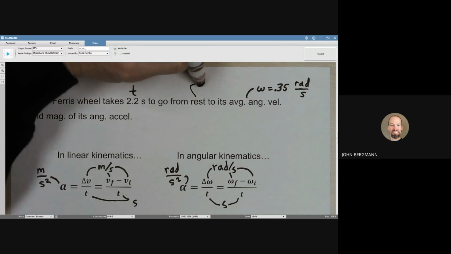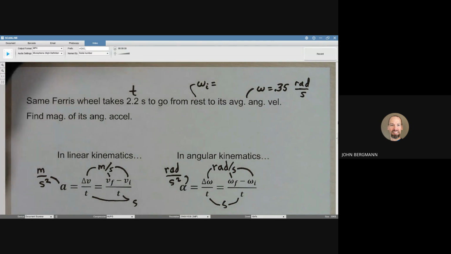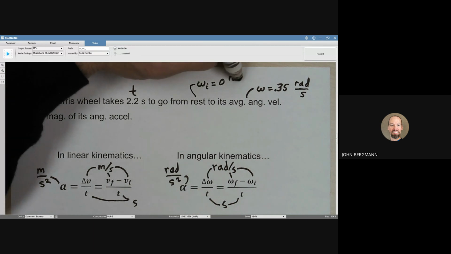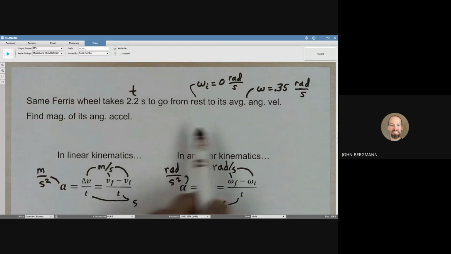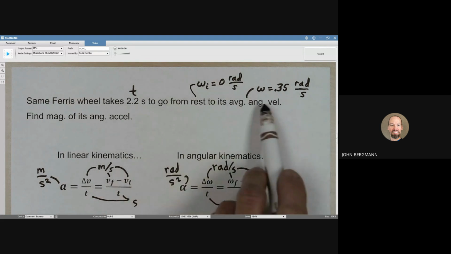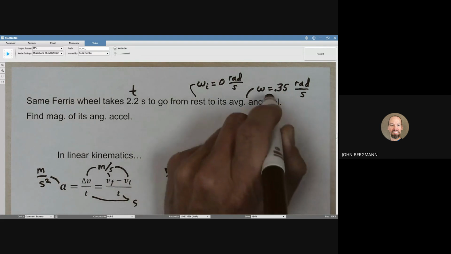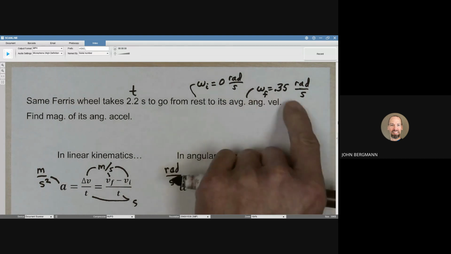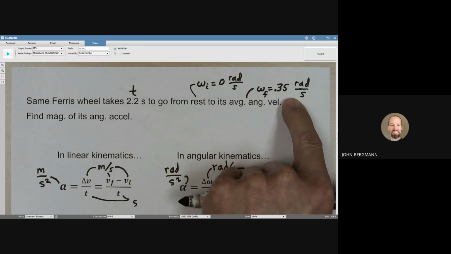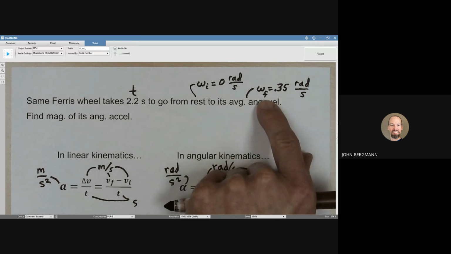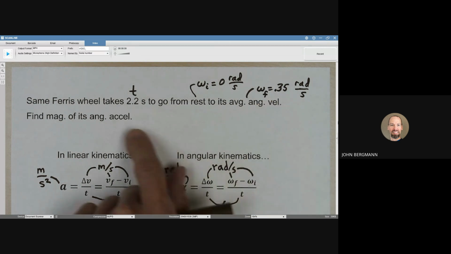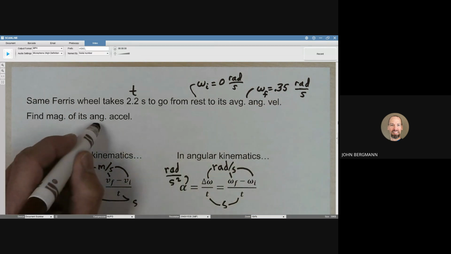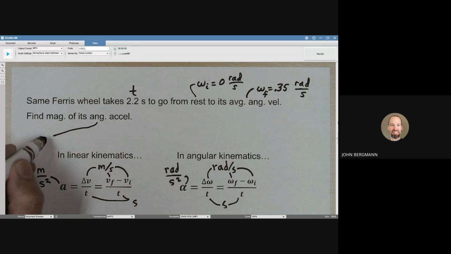So that means that initially this Ferris wheel isn't rotating, and then it rotates faster and faster until it reaches this value. So for this problem, this 0.35 radians per second, which we calculated on the previous problem, has become our omega final. And we want to find what the angular acceleration is.